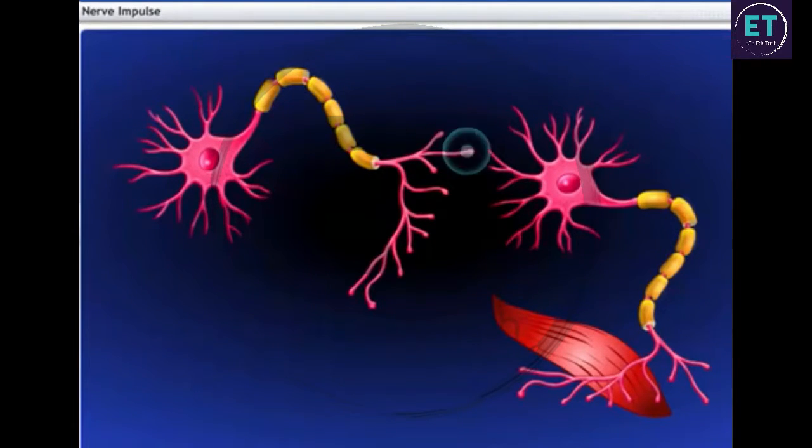At the end of the axon, the electrical impulse releases some chemicals which cross the gap, called the synapse, and start a similar electrical impulse in a dendrite of the next neuron. This is generally how the nervous impulses travel in the body. This process continues till the impulses from the neurons are delivered to other cells, such as muscle cells or glands.